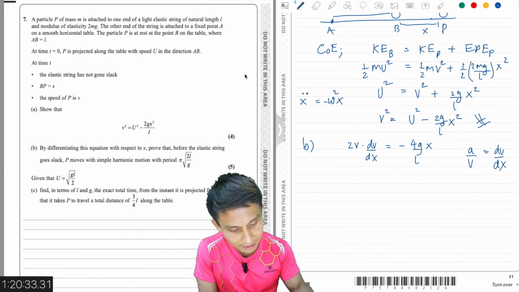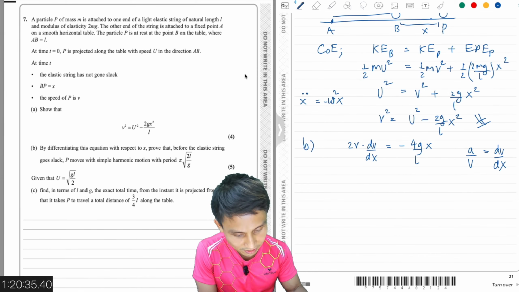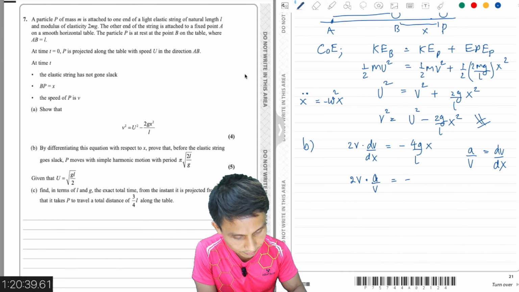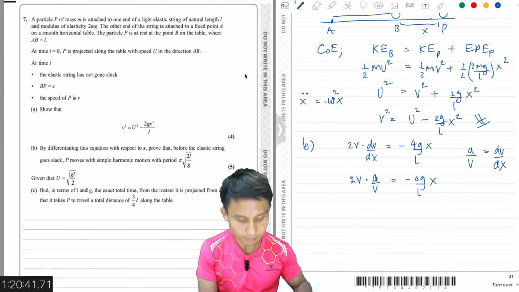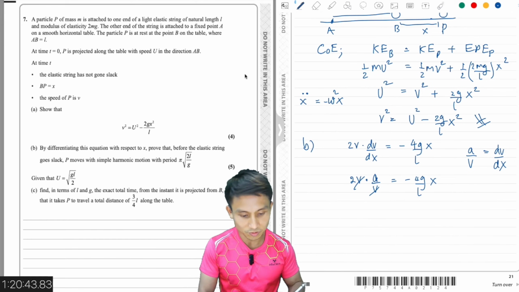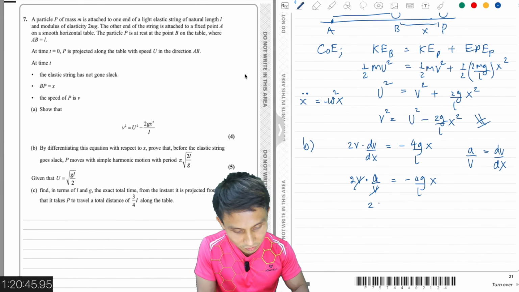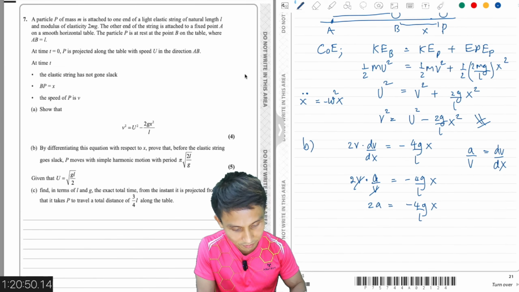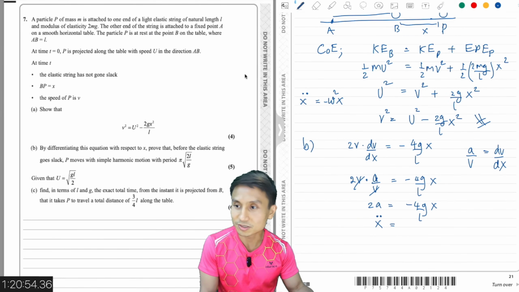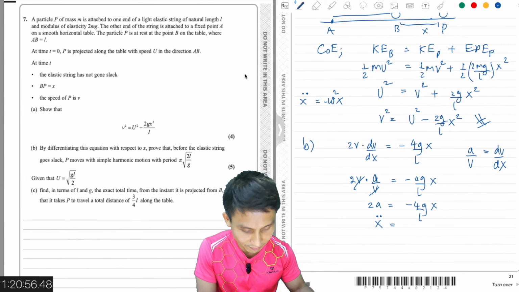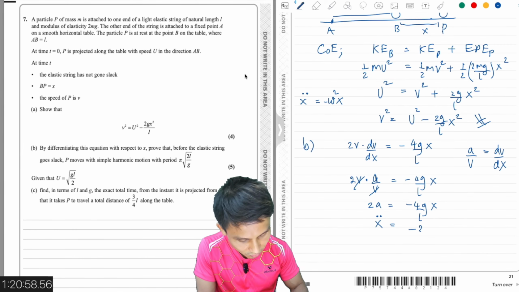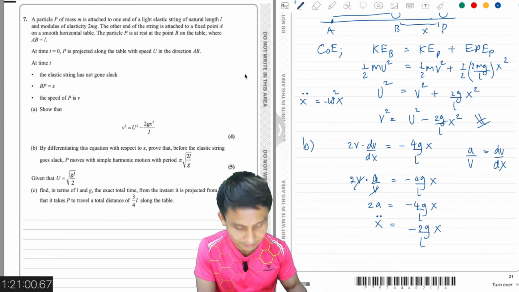So dv by dx we can change to a over v, and the v cancels. That means 2a equals minus 4g over L x. That's x double dot, the second derivative of displacement. That's going to be minus 2g over L x.